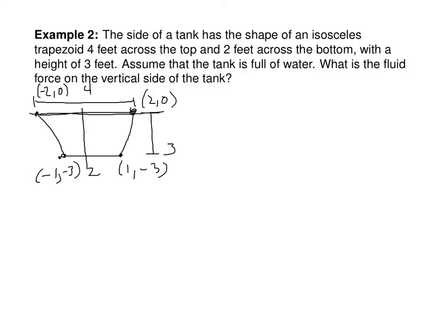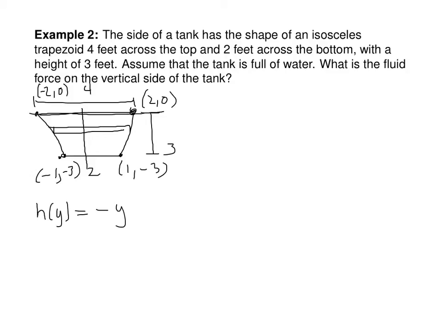And now we make a slice and compute the pressure on that slice. So first of all, the height function, or the depth function, we'll say, h of y will be negative y. So a depth of 1 corresponds to the y value of negative 1. A depth of 2 corresponds to a y value of negative 2.